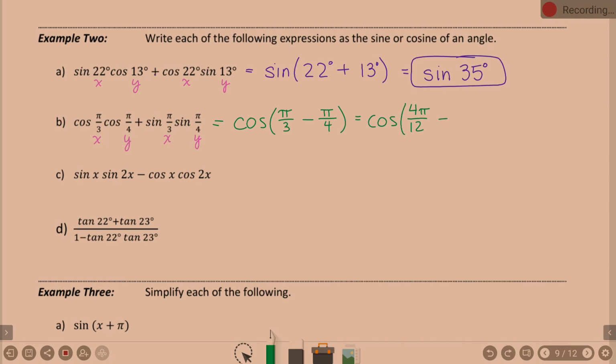Minus pi over 4 is how many twelfths? 3 pi over 12. Go one more step. Cosine of 4 pi over 12 minus 3 pi over 12 is going to be what? Yeah, cosine of pi over 12.